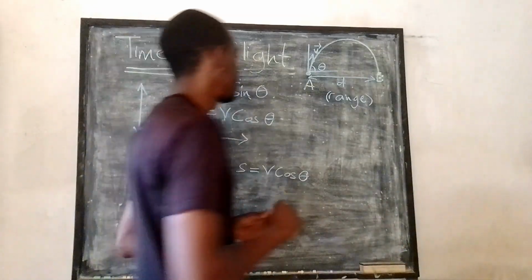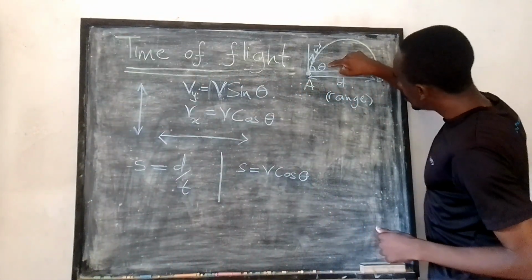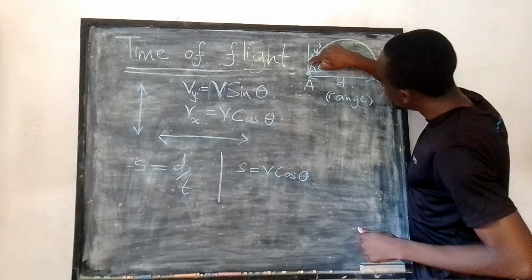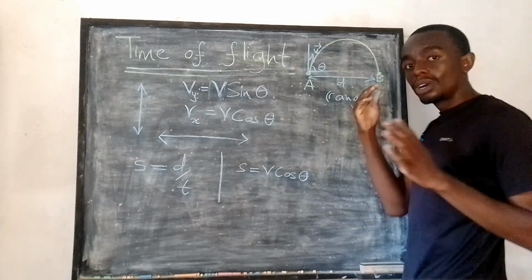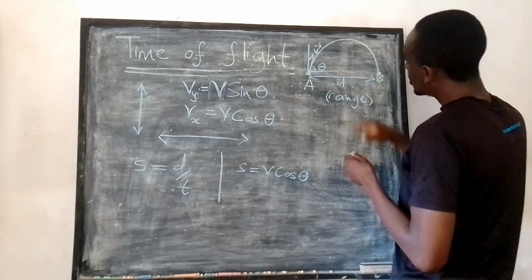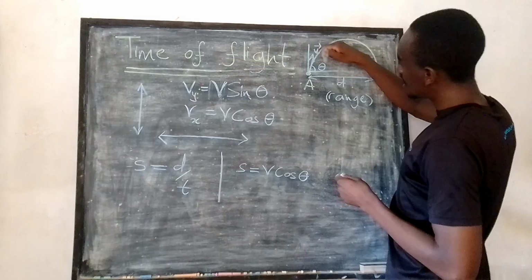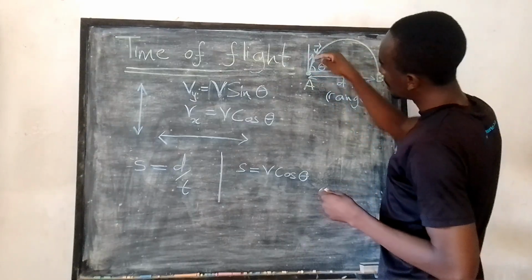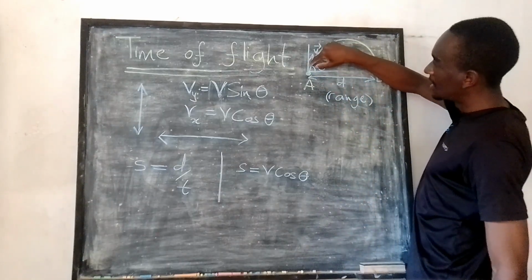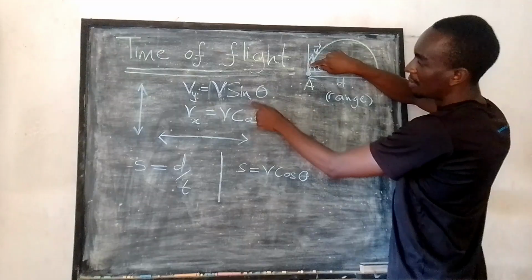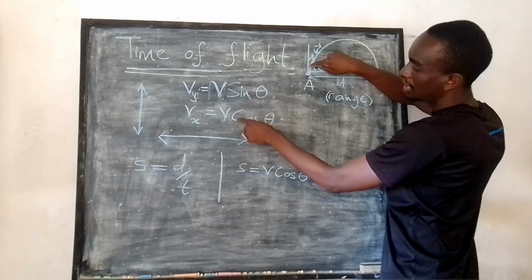Why do I say that? The moment your theta is put in a different position, like if you come across a question where theta isn't below this arrow but lies on the other side of the arrow, and you're not given an angle here, everything changes. This becomes a cos and this becomes a sine.